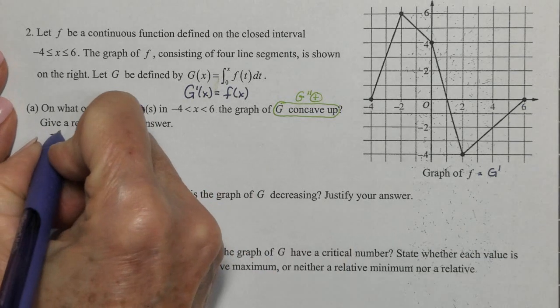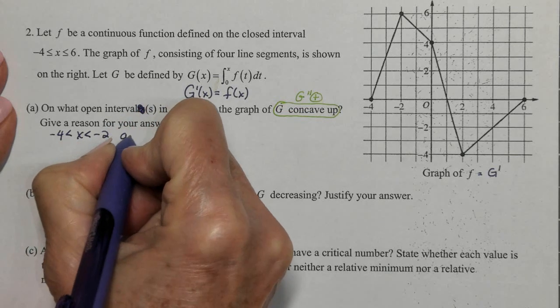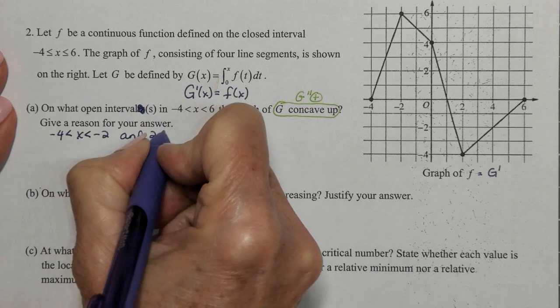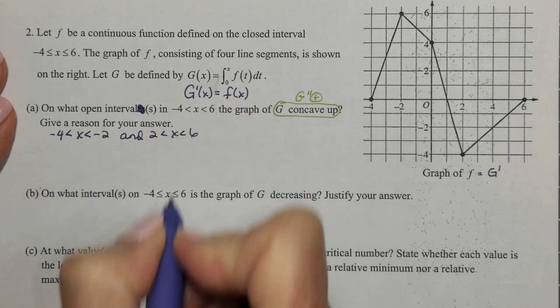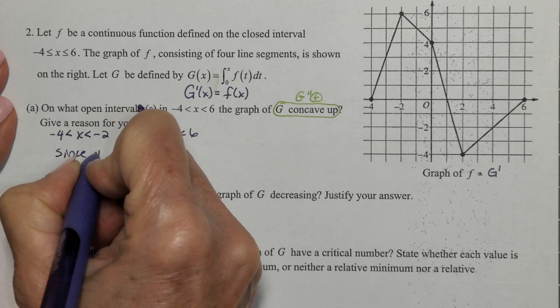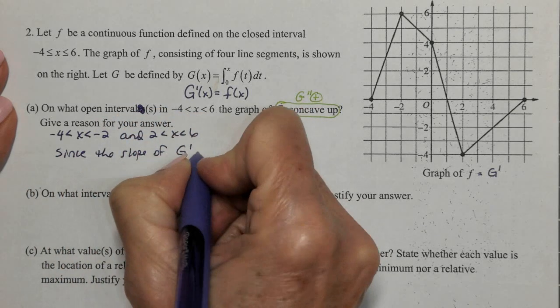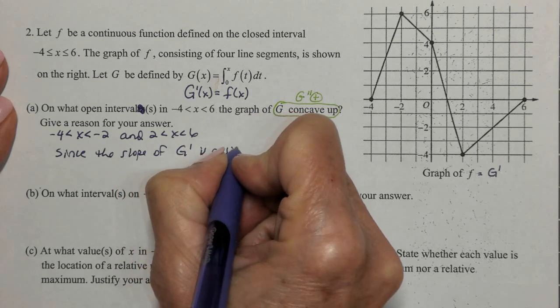So -4 to -2 and 2 to 6, since the slope of g prime is positive there.